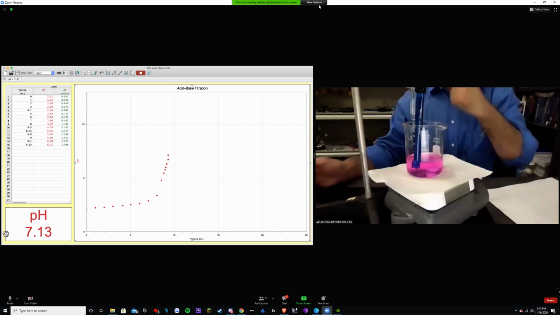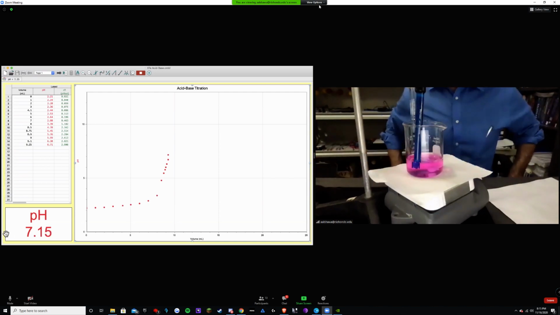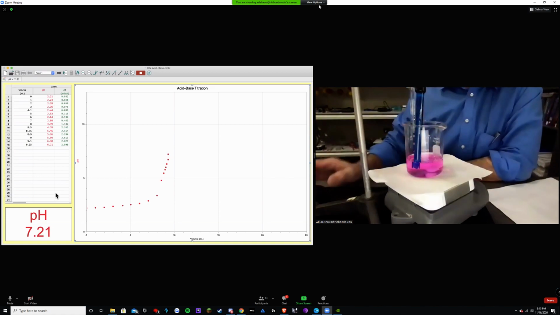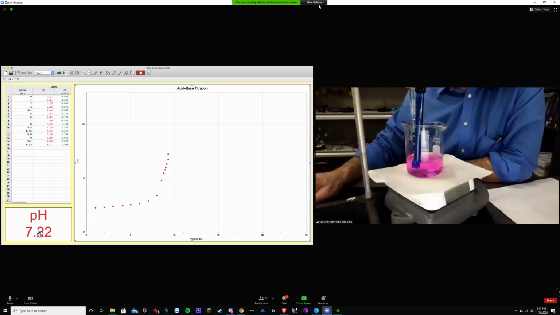So it keeps on going. Let's see. Within a minute, if that digit in the tenths place, that number 2, doesn't change, we can stop the collection and say keep it.